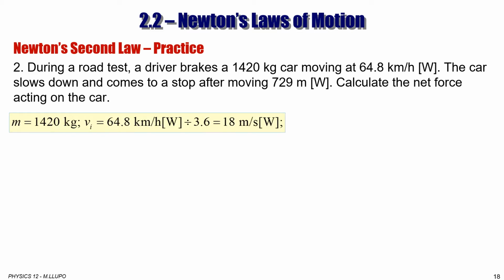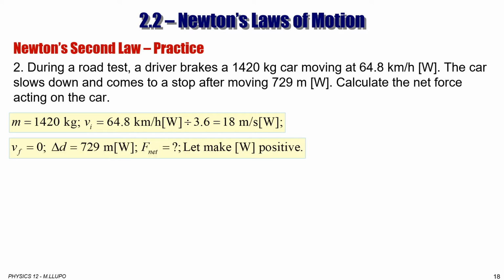So the first thing we need is to convert. Initial velocity is 64.8 kilometers per hour, which makes 18 meters per second. In order to calculate F net equal to ma, we have final velocity 0, since the car comes to a complete stop. Displacement is 729 meters west.